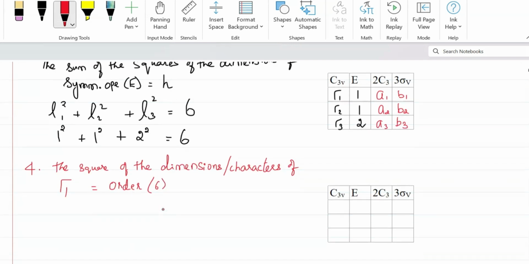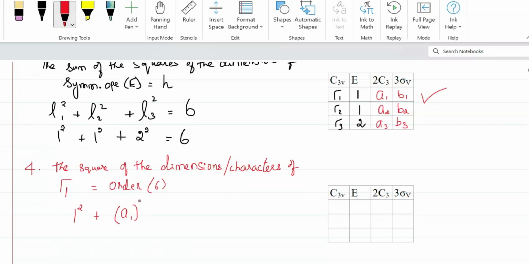Okay, so as we said, we are going to consider the first irreducible representation. So what are the dimensions or characters? We have already found the first character to be 1. So 1 squared plus A1 squared.